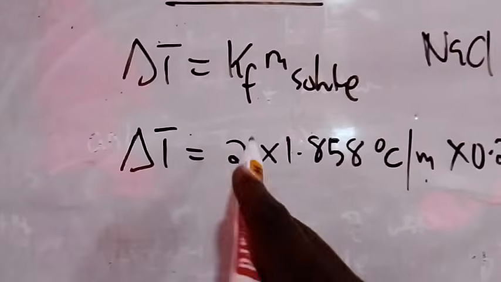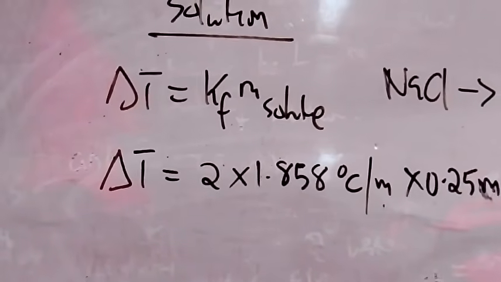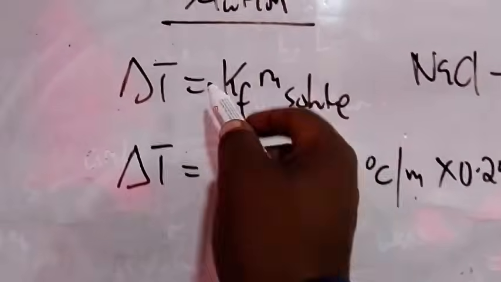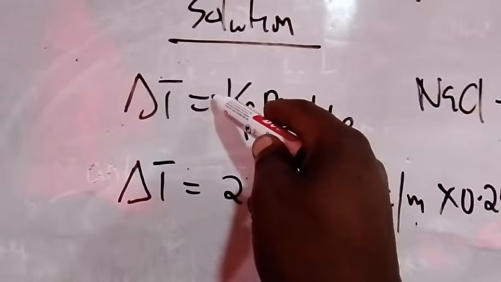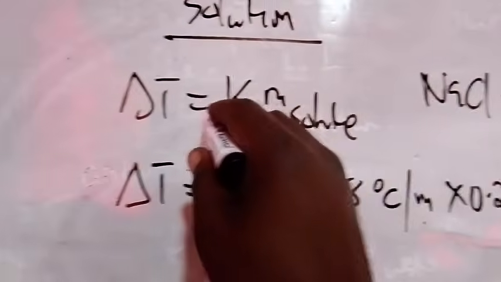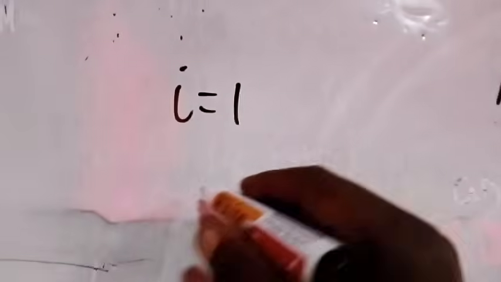If it was non-ionic, or let's say molecular, such as glucose or sucrose, i is equal to 1. So for molecular, i is equal to 1.